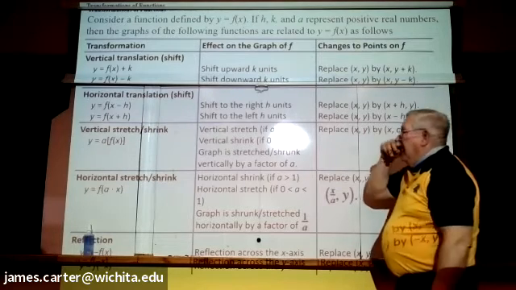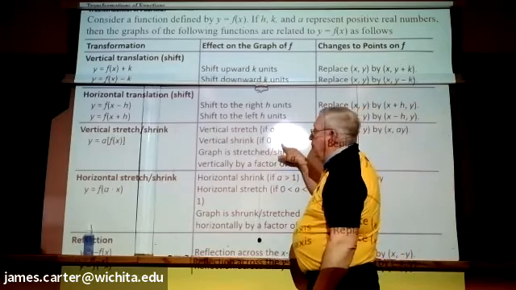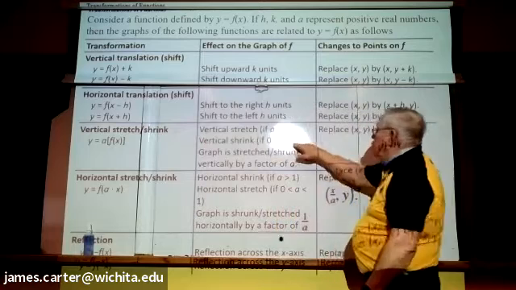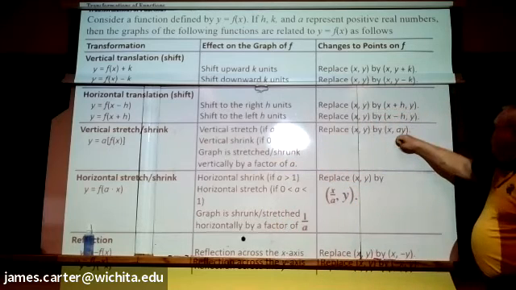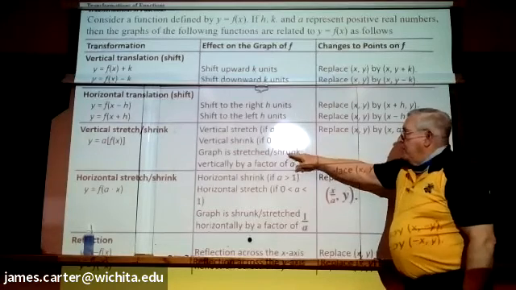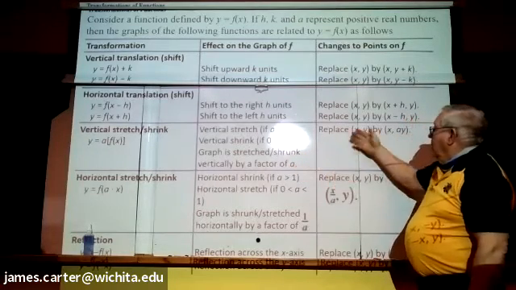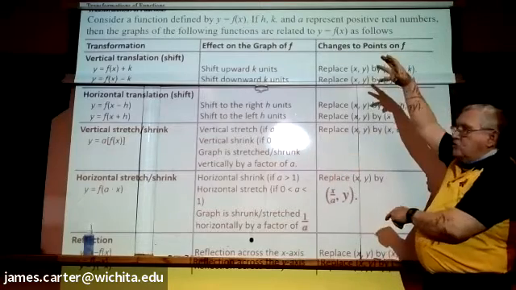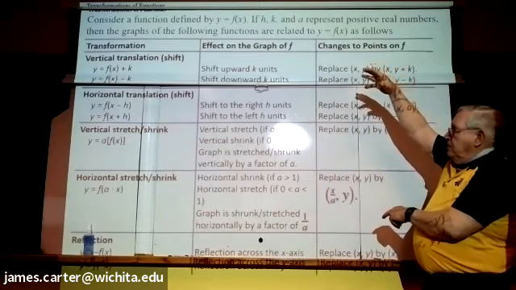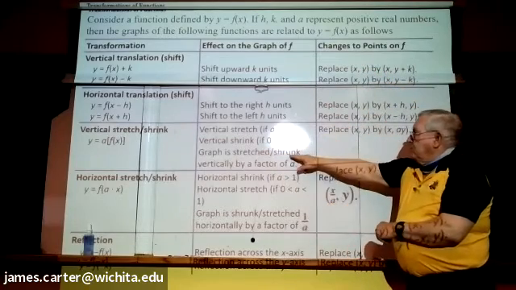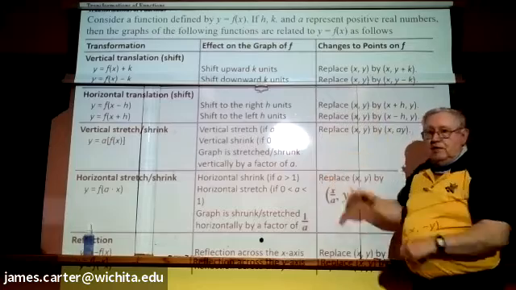Now, if a is a fraction like 1/2, for example, then you would have 1/2 a, or 1/2 times y. And that will either stretch or shrink vertically by whatever a is. If a is a positive number, then it'll stretch it vertically. If it's a fraction, then it'll shrink it vertically.